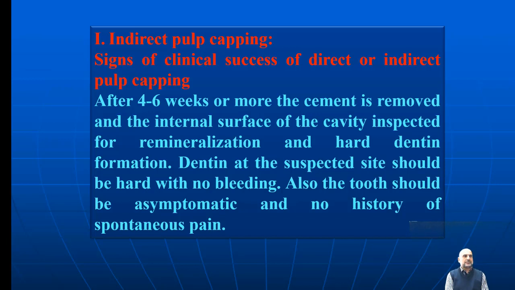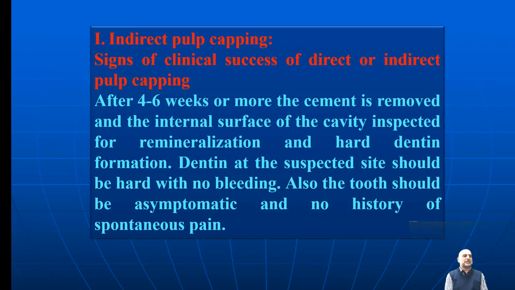So, if the procedure is successful, after 4 to 6 weeks we remove the cement and check the area to see if there is a bridge. I prefer we take an X-ray before we remove it. Dentine at the suspected site should be hard, no bleeding, no sign of exposure.